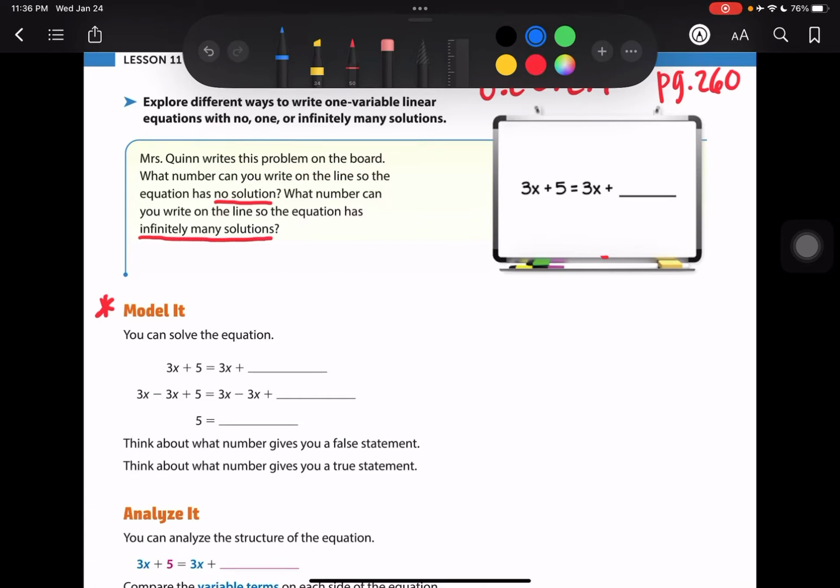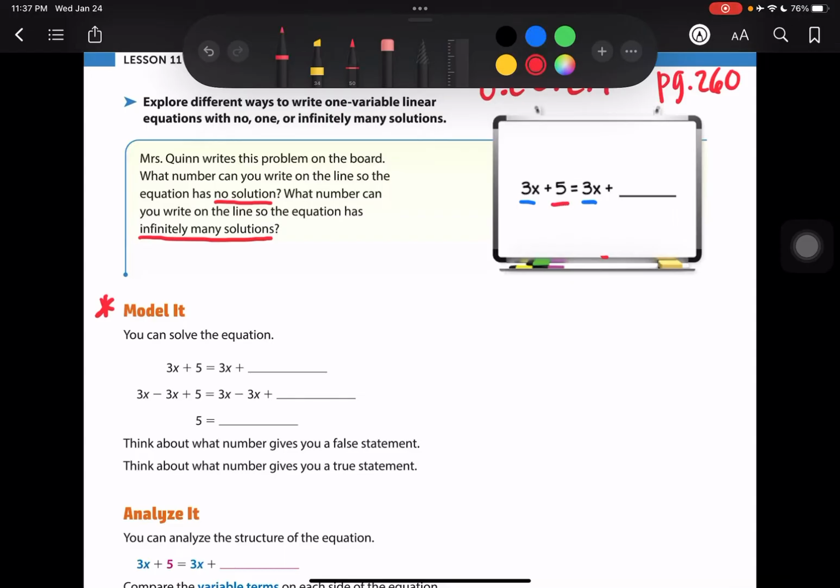The first thing to think about is the similarities between no solution and infinitely many solutions. According to the notes you took the other day, they both have the same variable coefficients. The difference is the constants.